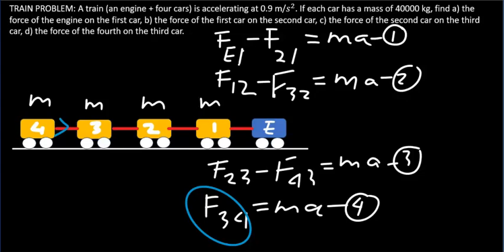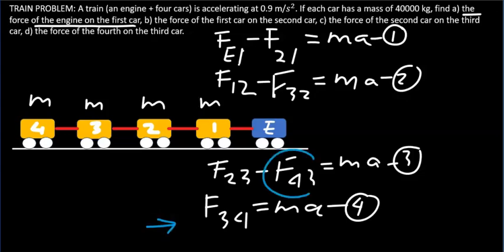same as the force on car 3 due to car 4, which is going like that, and they are the same. Now we can answer part A, the force of the engine on the first car. So let's look at equation 4. We know F34 is ma, so that means F23 is 2ma. So let's write that down.